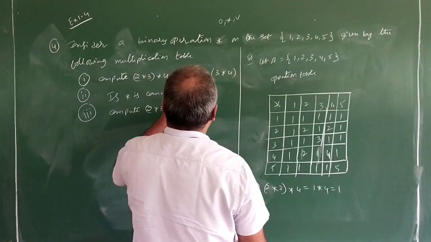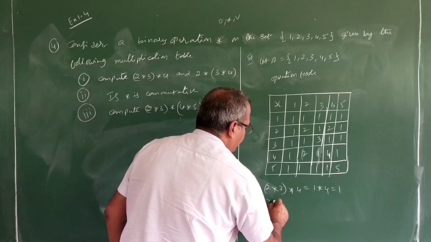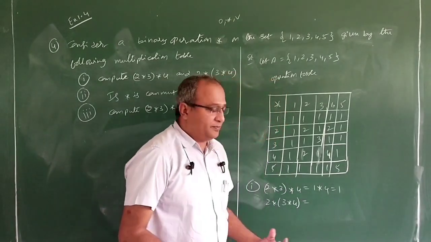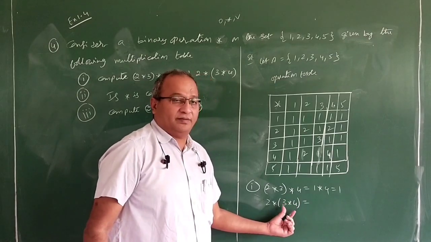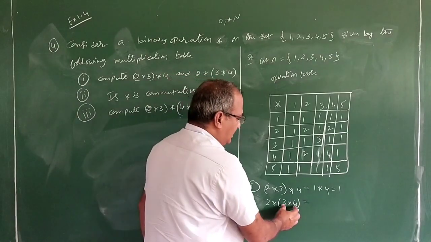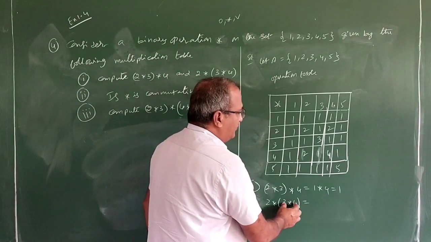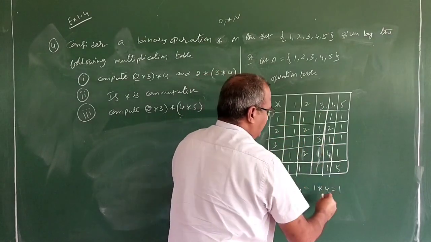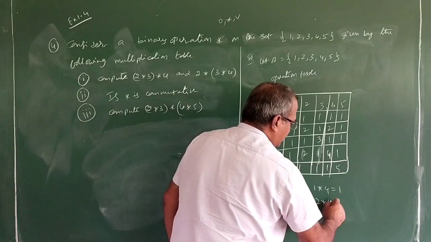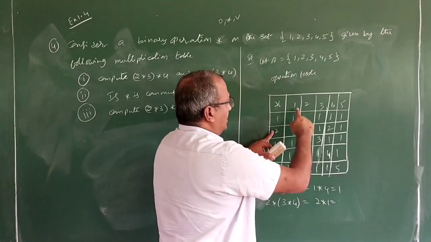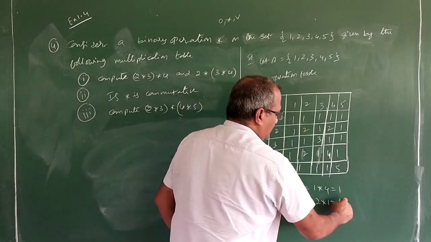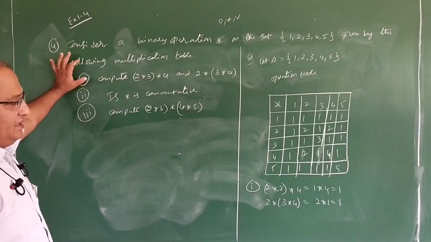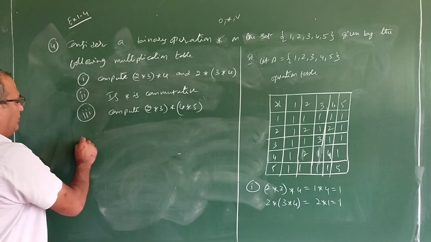Next, they are asking to compute 2 star (3 star 4). Yesterday also I told that the bracket is important. First we have to complete the bracket. Now what is 3 star 4? 3 star 4 is 1. And then 2 star 1. He is asking only to compute.